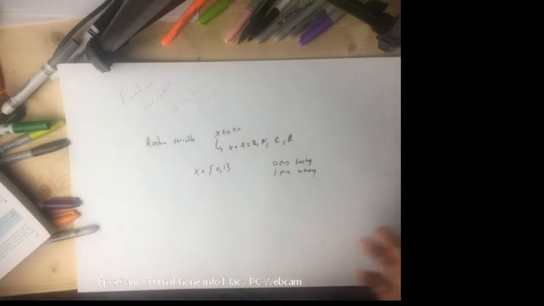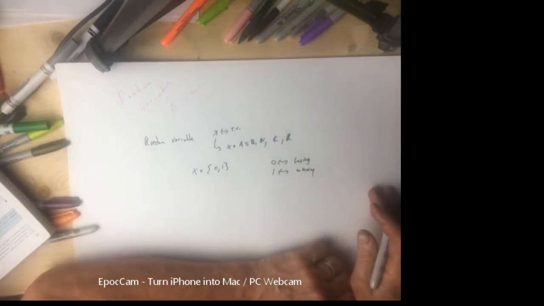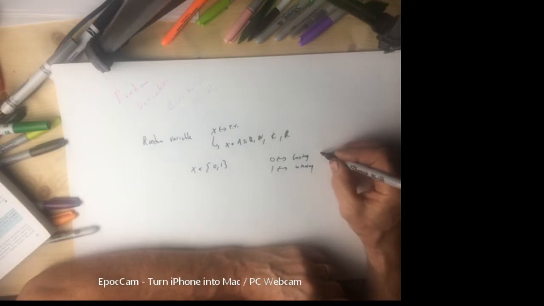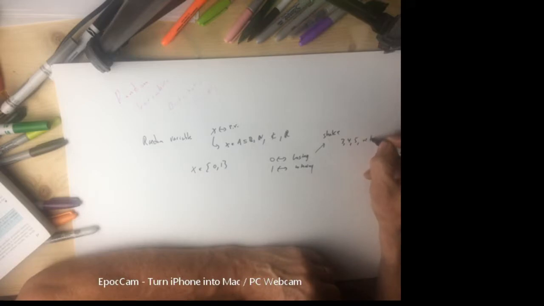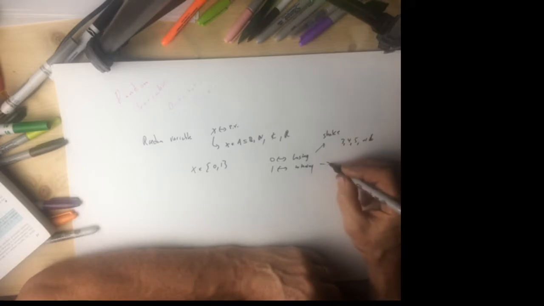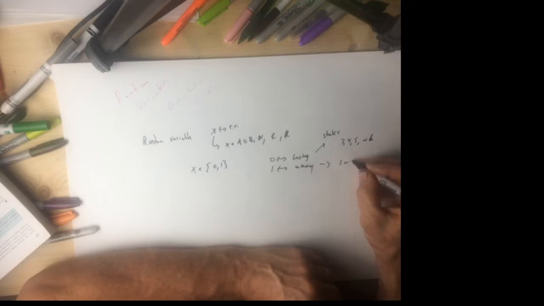Now, it might be you're shaking a die, and losing happens if you shake, let's say, 3, 4, 5, or 6, but winning is associated with 1 or 2.